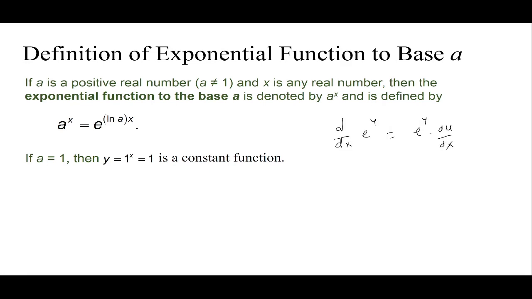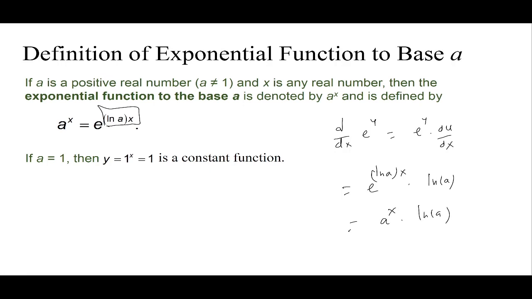So in this case, u is this whole expression. So e to the power u, which is ln a times x, times the derivative of this with respect to x. This ln of a is a constant, so the derivative of x is 1. So you just have to multiply this by ln a. So eventually, what is this? This is actually a to the power x times ln of a.